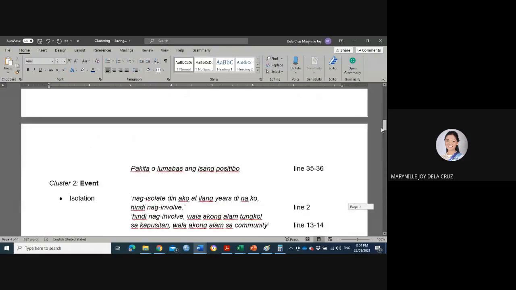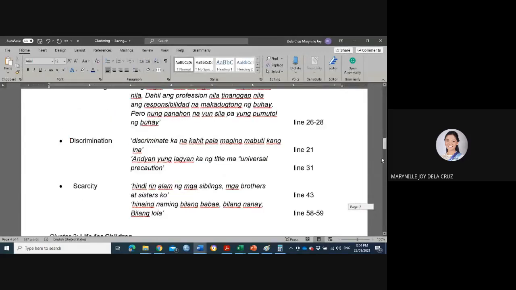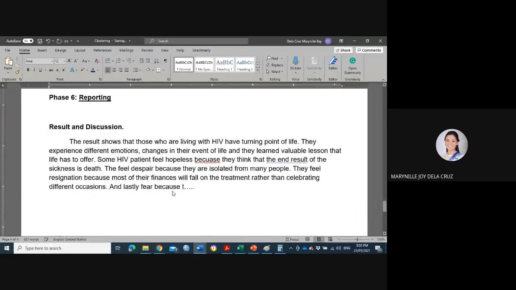What is fear? Fear is, once I have a check-up, I will be jailed. Okay? Fear because they believe that once they go to the clinic or hospital and have their health checked out, they will be put in jail.